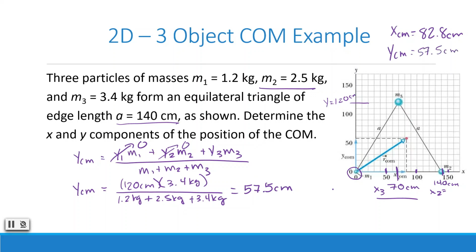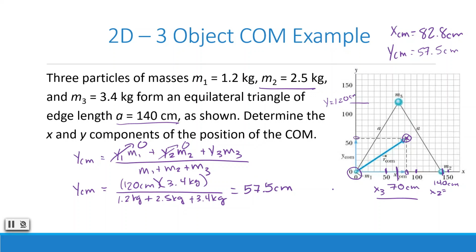Now they've got that drawn here for us. So if we look, that's probably close to 83, and then that's going to be close to about 58. So the position of the center of mass is here. It's not in the center of this triangle because the masses are not all equal.